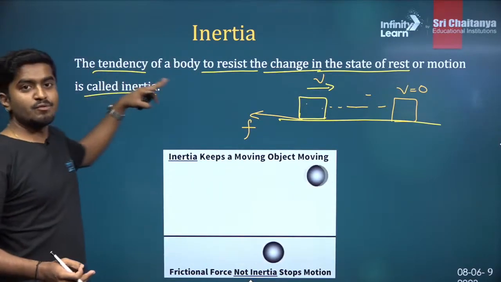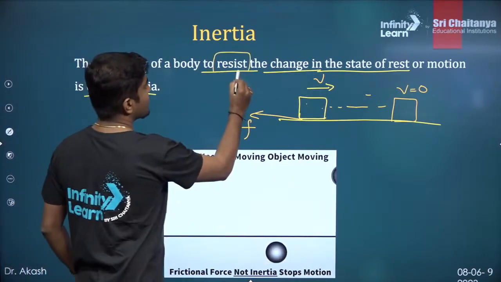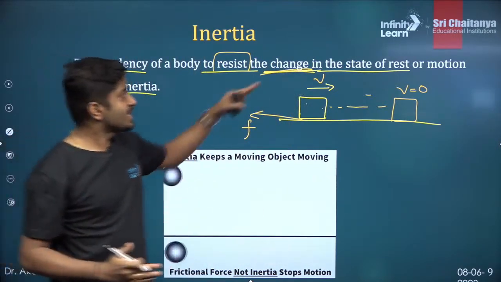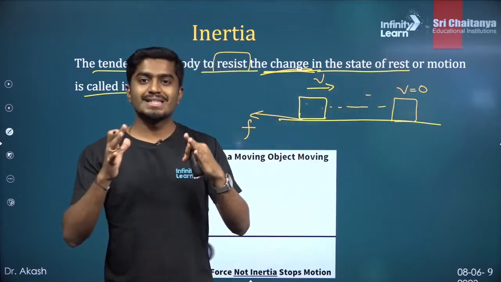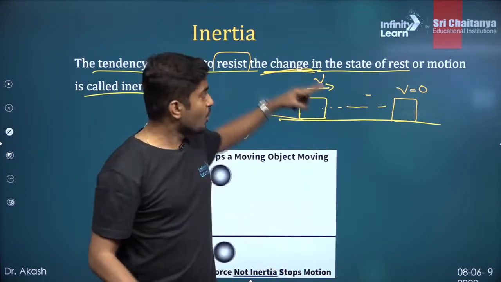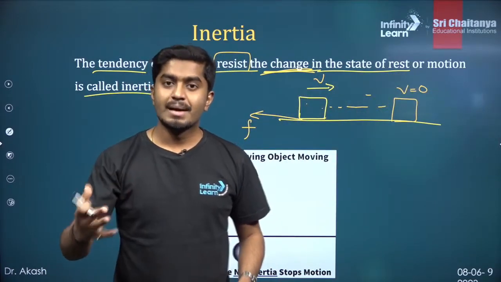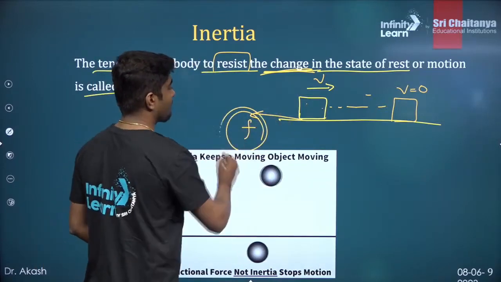So again I am repeating, what is inertia? It is a tendency to resist the change in the state of rest or state of motion. If the object is at rest, the object wants to be at rest forever. If the object is moving, the object wants to move forever, but there are external forces like friction.